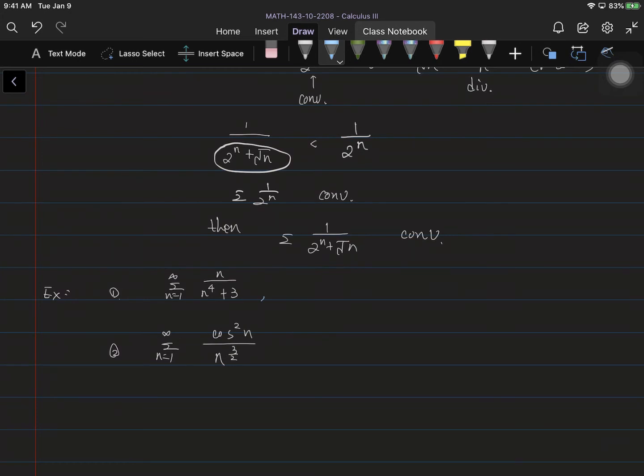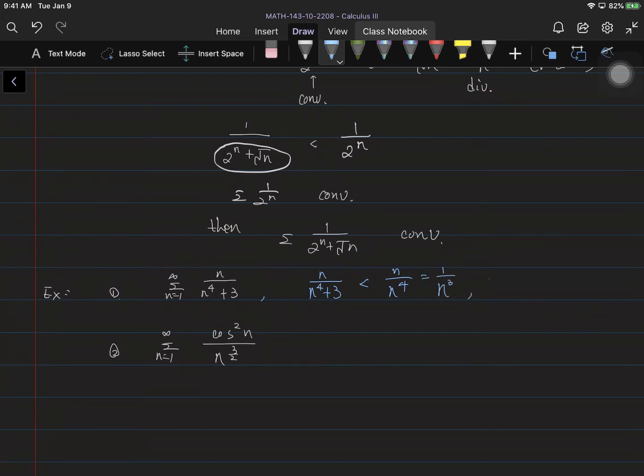Let's see. n over n to the fourth plus 3. We want to get rid of the 3, so n to the fourth plus 3 is greater than n to the fourth, so the whole thing is smaller than this. Is that correct? And simplify, this is 1 over n cubed.